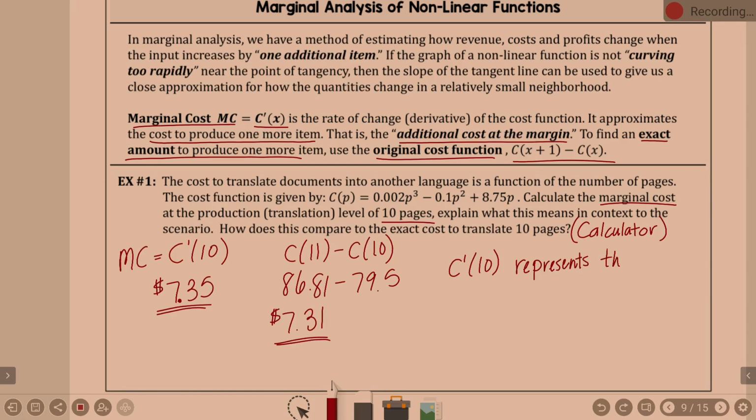I'm going to say it represents the cost to produce one more item, which in this case is the 11th page. Okay.